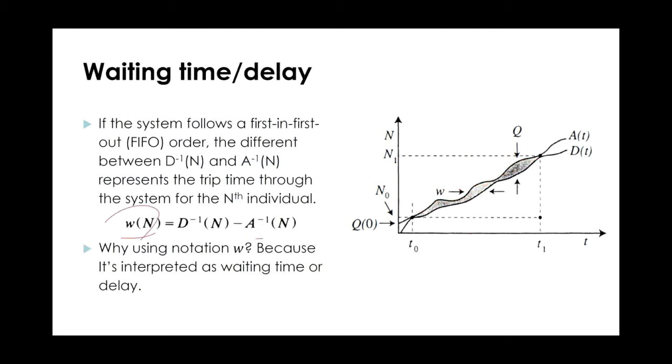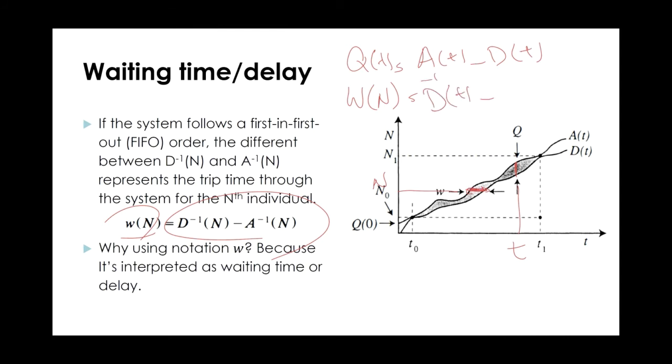And if I want to show this waiting time mathematically, the vertical one was Q(t) equals A(t) minus D(t), right? While W(n), the horizontal one for any specific n, is, because we're looking at the horizontal line, the inverse of the departure function minus the inverse of A(t).